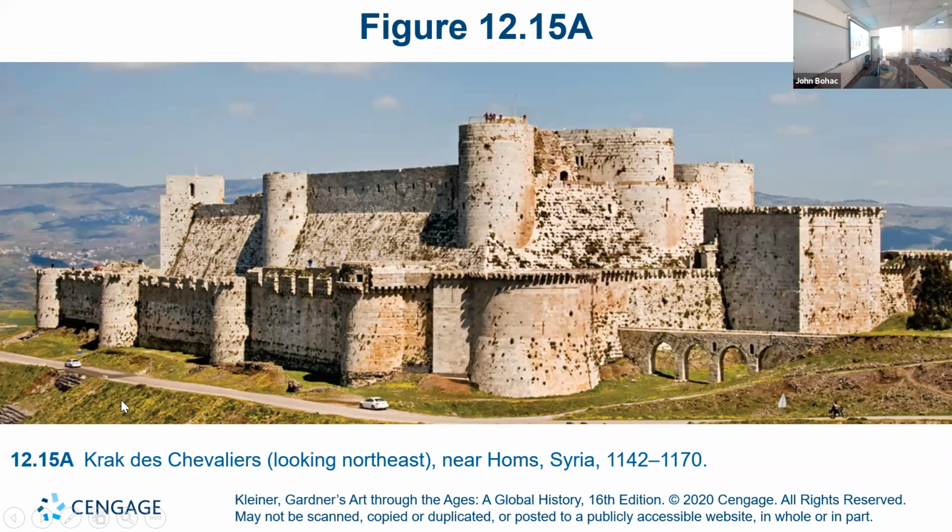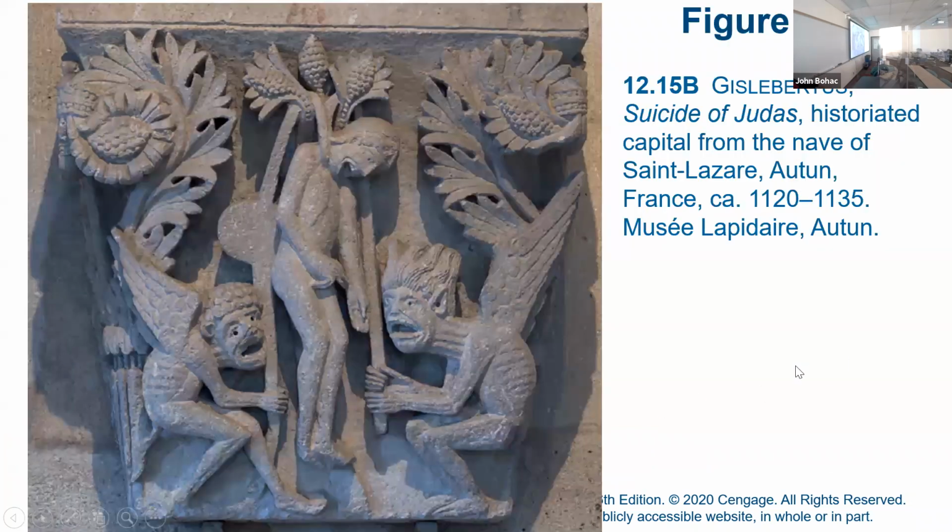And oftentimes they stayed. They stayed for a long time. In this case, look at how long it took to build this: 28 years. So it wasn't a temporary thing. In some cases, they actually built fortresses and had outposts that they maintained in the Middle East. Here's Gislebertus again. The suicide of Jesus.